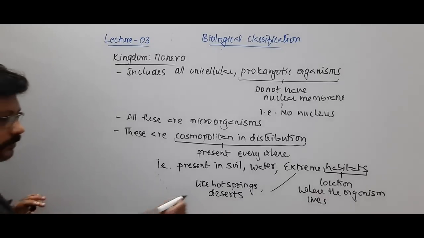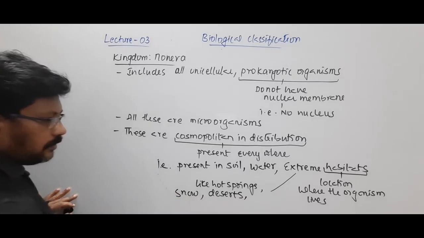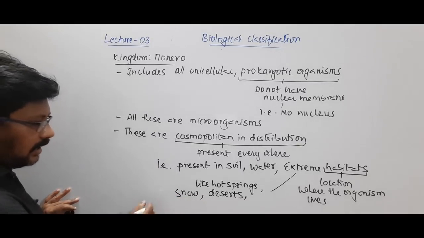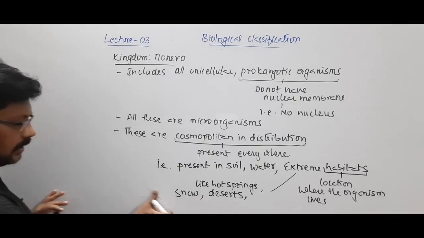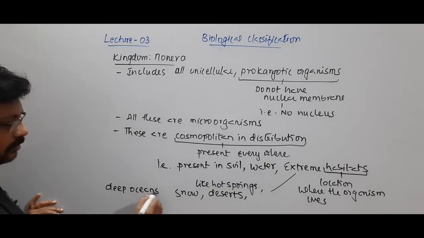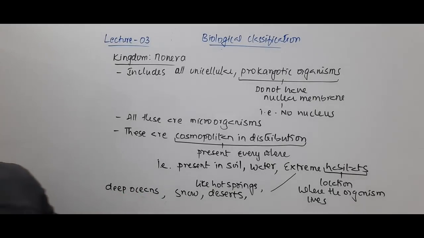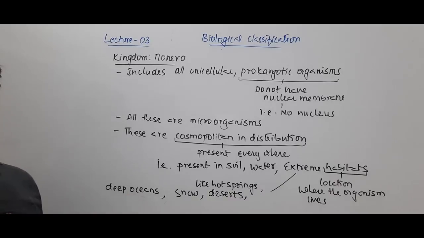Then in snow, and even in deep oceans, we see the presence of these organisms. So these are all extreme habitats where we find these unicellular prokaryotic organisms, which we commonly call bacteria.